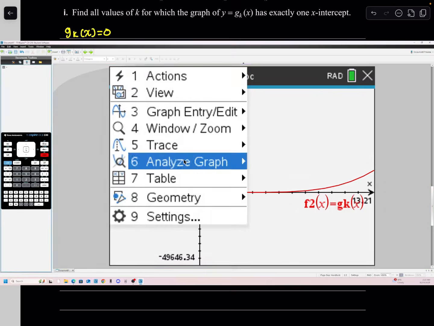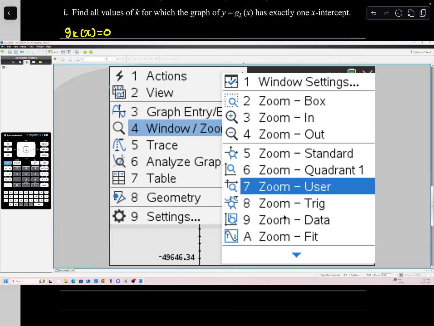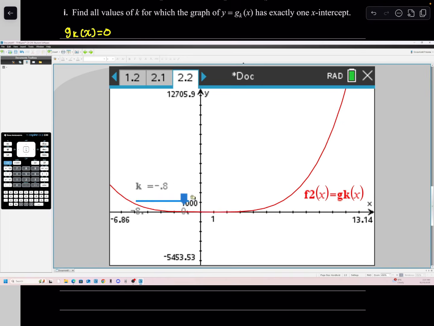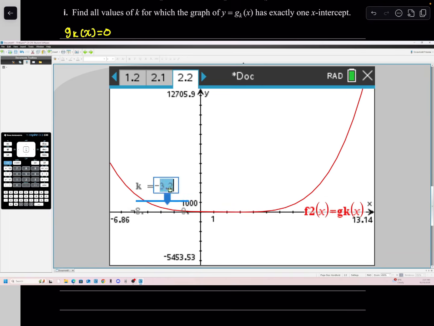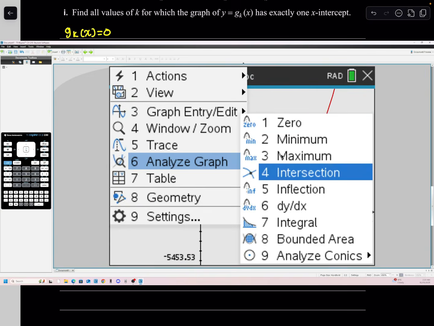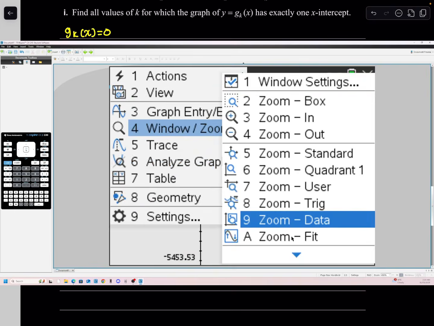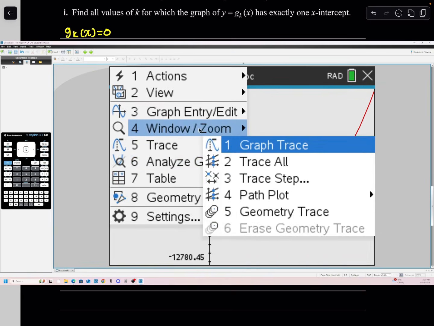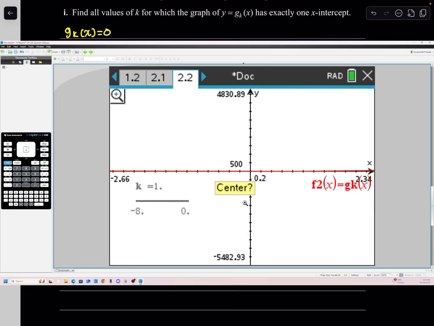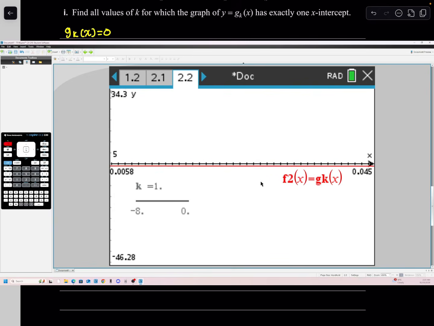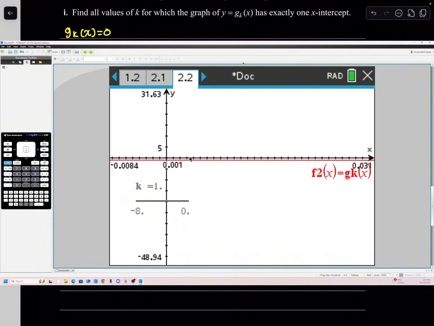What about if I put 1, because I want to look at it back in the original graph. Zoom fit, please do not zoom. I want it to be like what it was initially. It's rubbish. Come on.